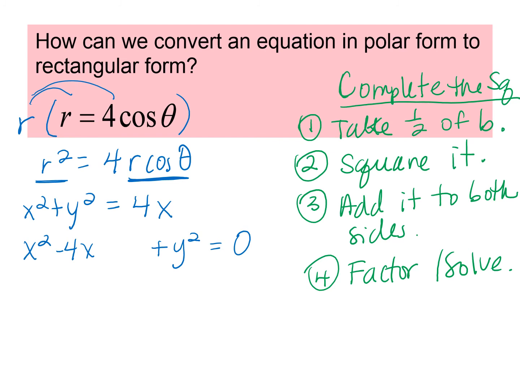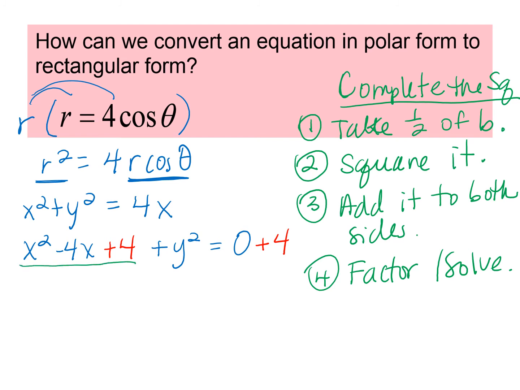So for this problem, if we take half of b, our b value is -4. So half of -4 is -2. If I square that, that will give me 4. And I add that to both sides. Now I'm ready to factor.